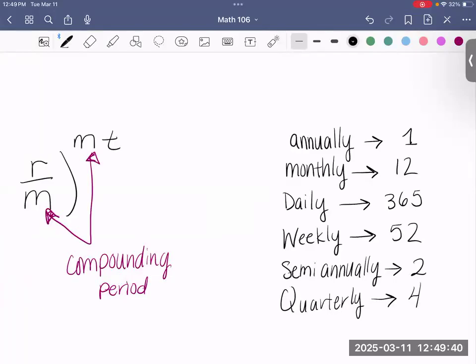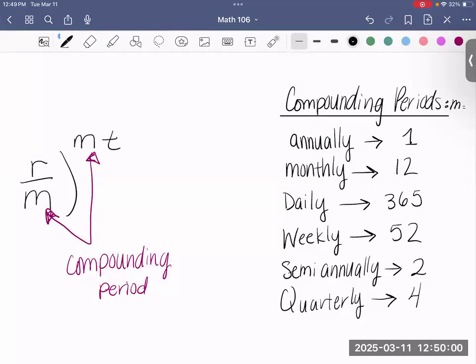I guess that could be another one, but there's a lot of them out there if you wanted to. But those are the bigger or the more common ones. This is in a yearly context. So this is what your M would equal.